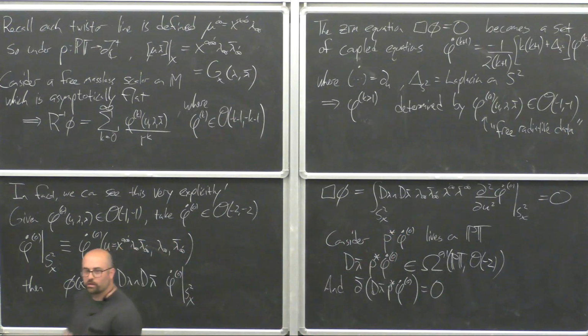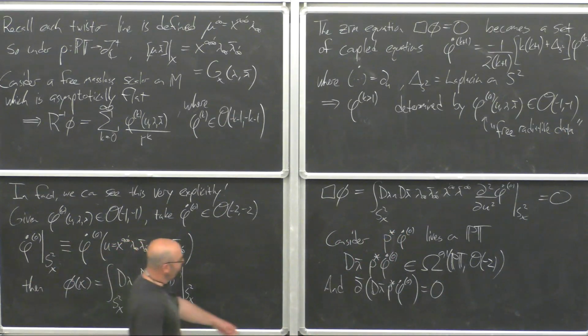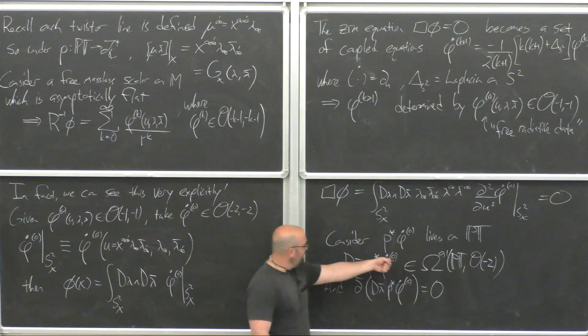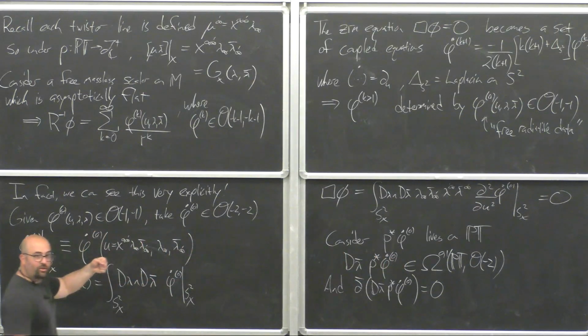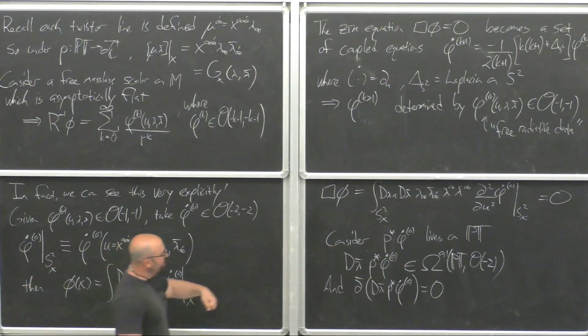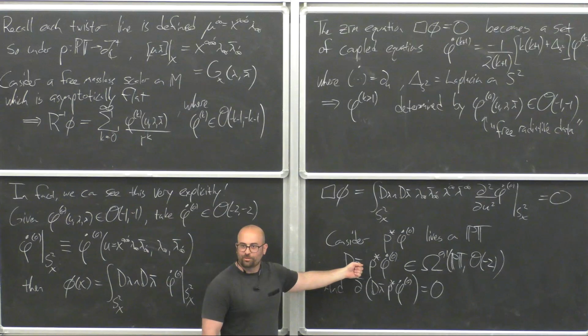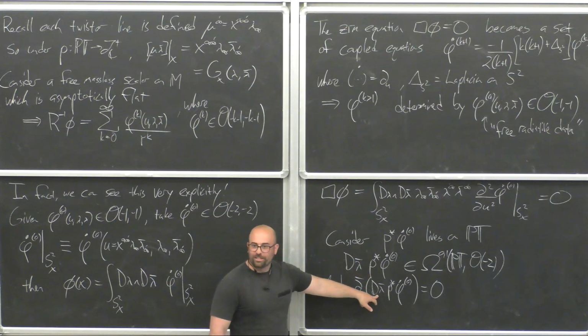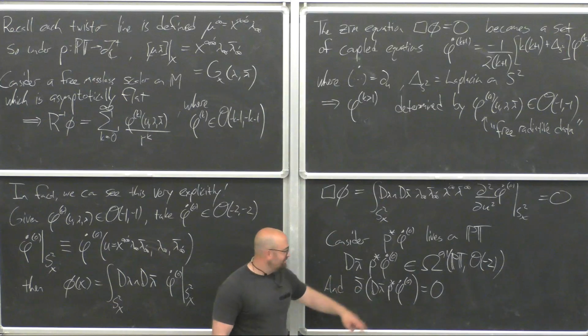Why? Because the only anti-holomorphic dependence that we can pick up when we pull back along this map is lambda bar anti-holomorphic dependence. But we already have a d lambda bar here, and d lambda bar wedge d lambda bar is 0. Right?